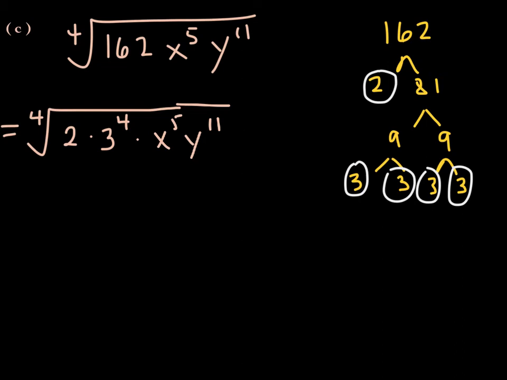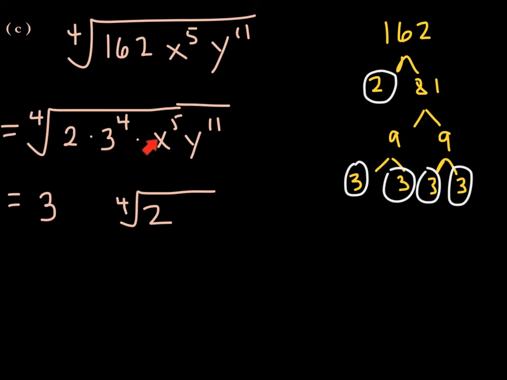Now, we know that this fourth root and this fourth power cancel each other out, and so that 3 is on the outside like that. What stays on the inside of the radical as part of the radicand is the 2. So far, the 2 stays inside, but this fourth power and that fourth index cancel each other out.